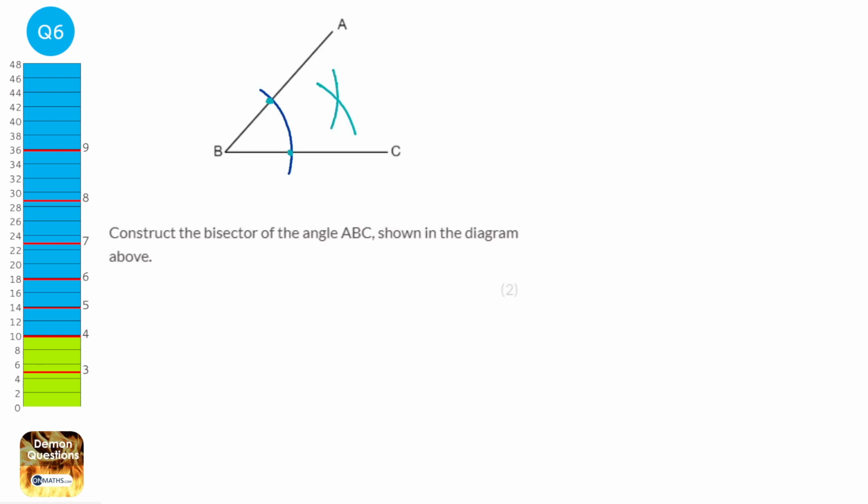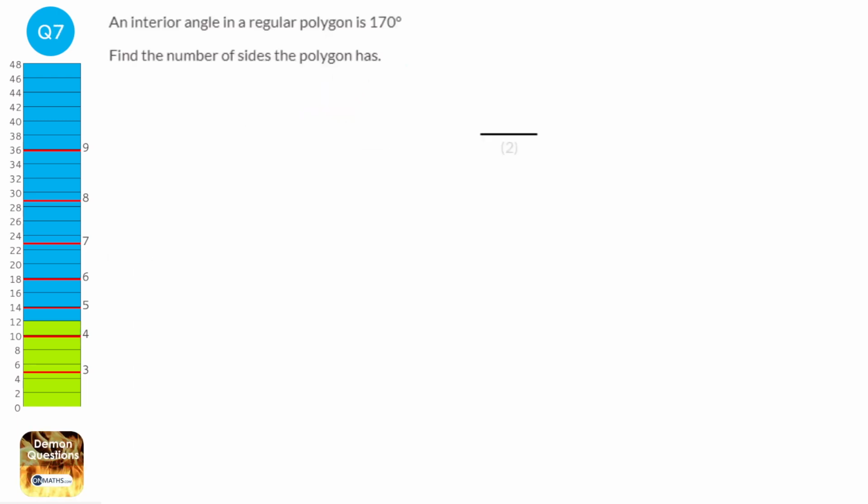Then I'm going to join where the 2 lines join with where the 2 arcs join. And that is how you do an angle bisector. All of the arcs leave on the diagram because they are going to get you the marks. Arcs for marks.